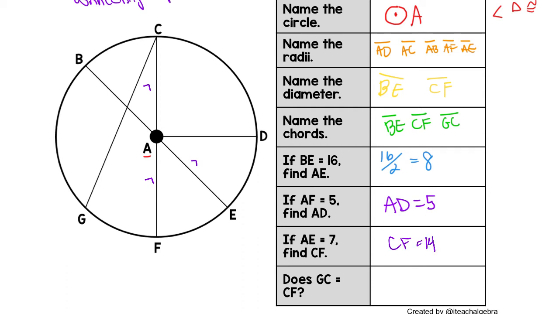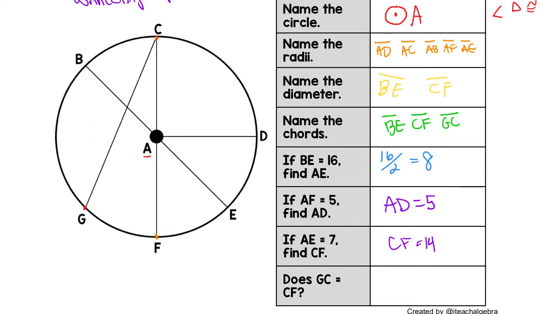Last but not least, does GC equal CF? Let's see. GC is this chord right here. And CF is also a chord, but instead it's a diameter.